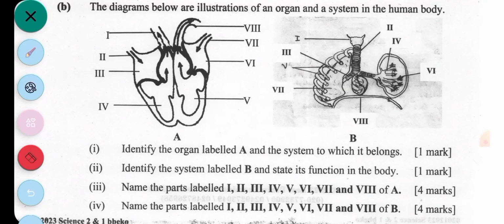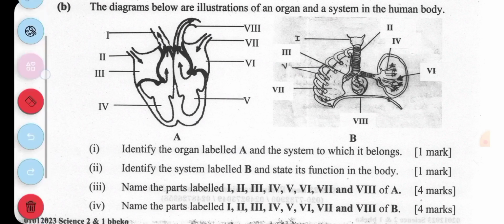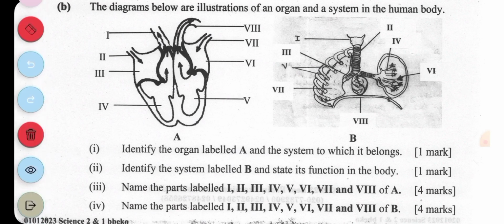Okay, the diagrams below are illustrations of an organ and a system in the human body. Which of them is the organ? Which of them is the system? A is the organ, B is the system. I is asking us to identify the organ labeled A and the system to which it belongs.